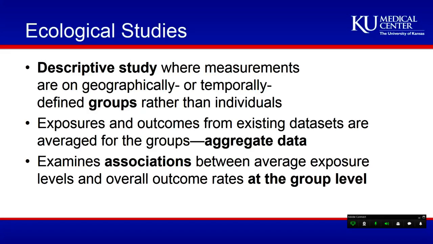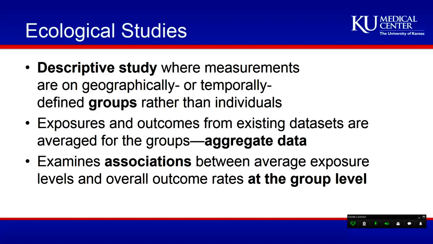The last study, which is very popular, a population-based study, more epi type of study, is an ecological study. And this is a descriptive study, just like a case control or a cohort study. Its purpose is really descriptive. The difference is, rather than having an individual patient's information, you have information summarized at an aggregate level.